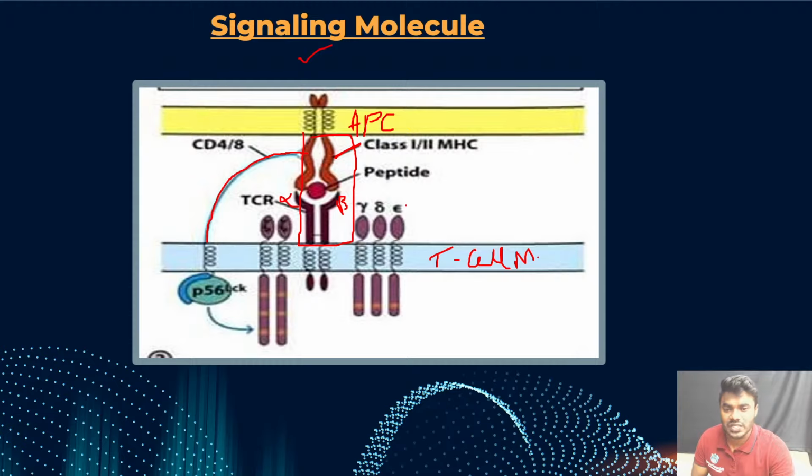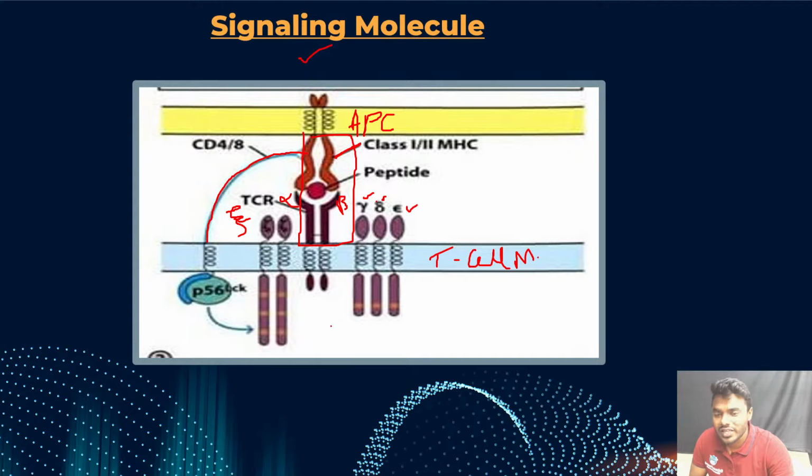What are the various co-receptors? Epsilon, delta, gamma, zeta. Alpha and beta are the major receptors. These are all the co-receptors. Just understand what I am talking about, friends.